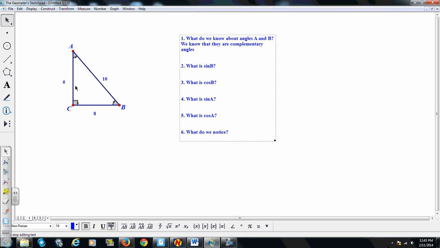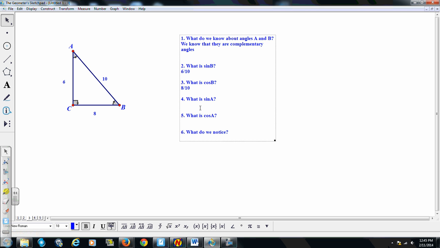But if we look across, we see that 6 is on the opposite side of angle B, therefore 6 has to be the opposite. So the sine has to be 6 over 10. And therefore 8 has to be the adjacent because it is helping make that angle. So that leaves the cosine to be 8 over 10 because our hypotenuse never changes.